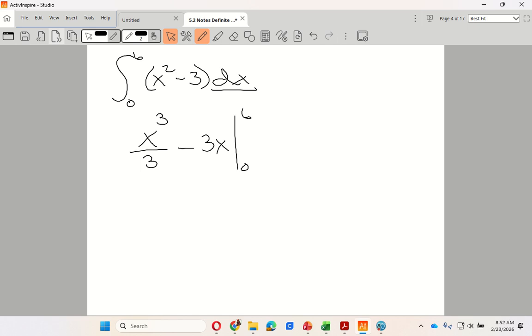So this is what happens right here: the top minus the bottom. It's going to be 6 to the third over 3 minus 3 times 6, minus the lower bound, which is 0 to the third over 3 minus 3 times 0.